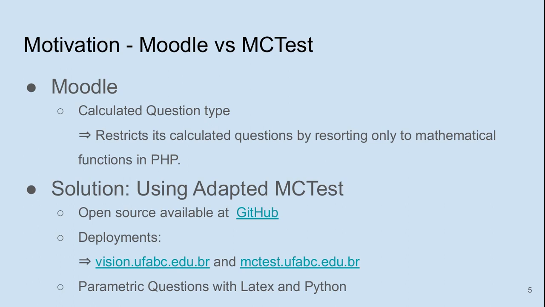But Moodle's calculated question is rather limited. It can only use mathematical functions in PHP. That's why we decided to adapt an open source system available on GitHub, namely MCTest. With MCTest, we can write questions in LaTeX, and they include parameters processed by an associated Python code.